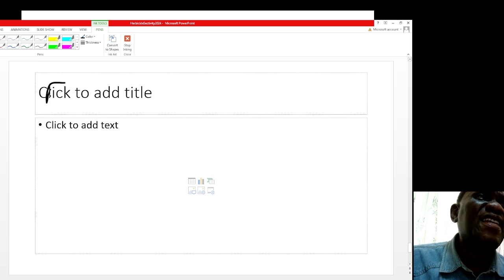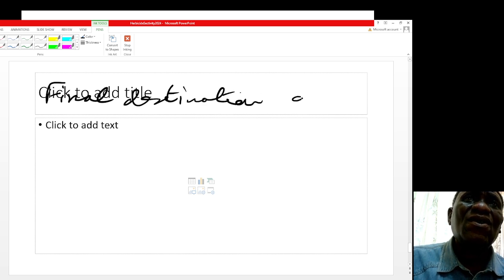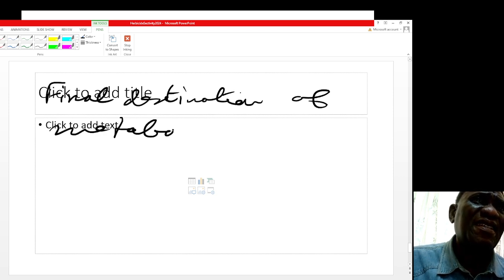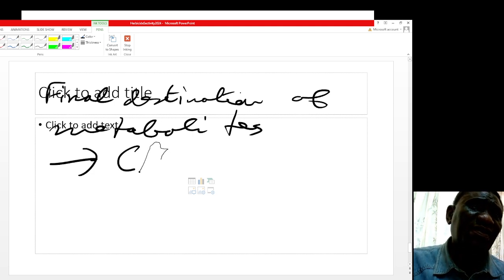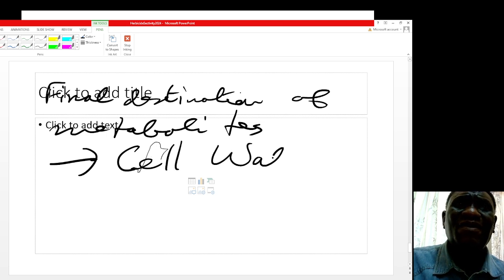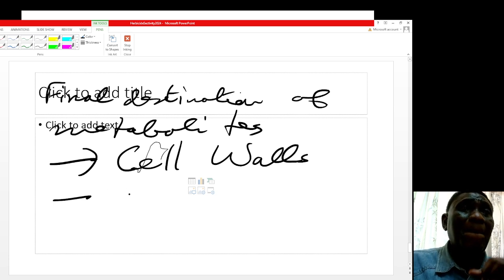So, the final destination of metabolites is going to be cell walls. It could be vacuoles.